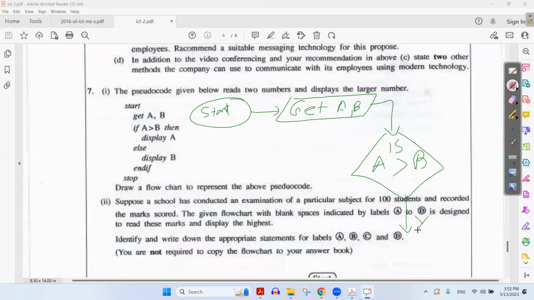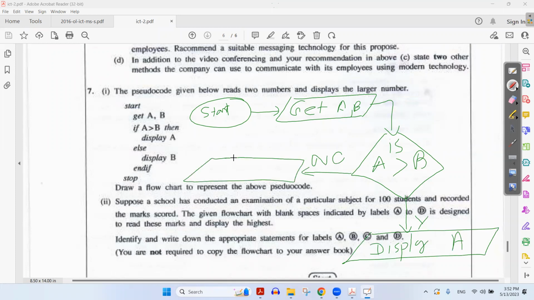So you may have the yes part and a no part. In yes part, you can say using a parallelogram, display A. In no part, you can say display B. Right, and this comes to an end, and write stop for the end.